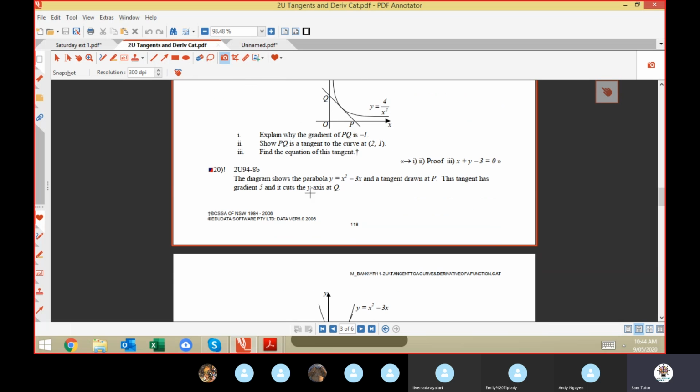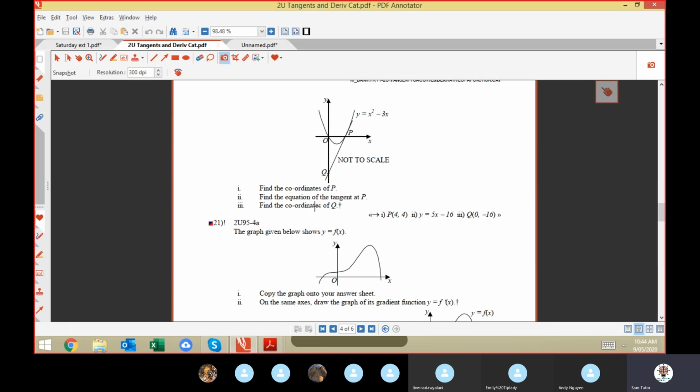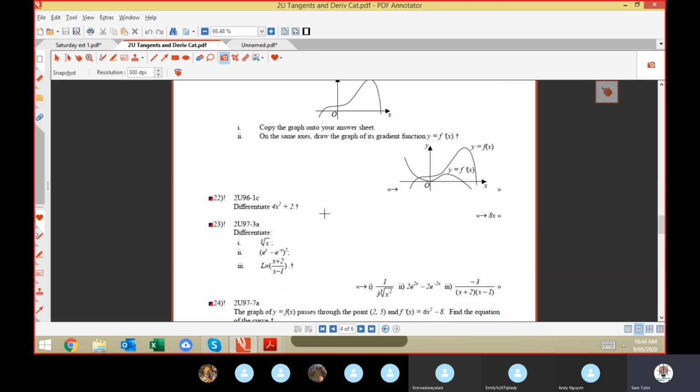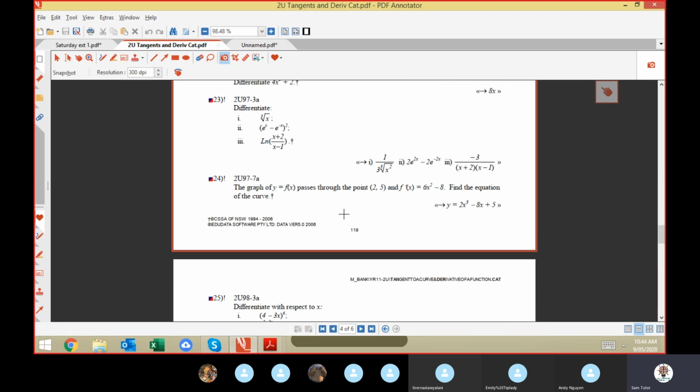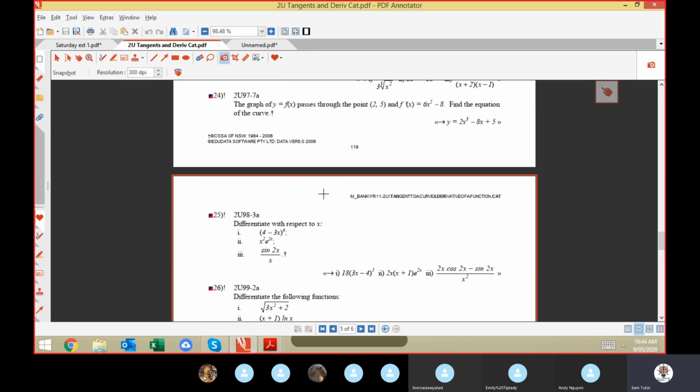That's a good one. That will get you guys. I'm going to try doing some of these harder ones now. Find the coordinates of P. Harder only because it's a bit applied. Not that it's any harder.